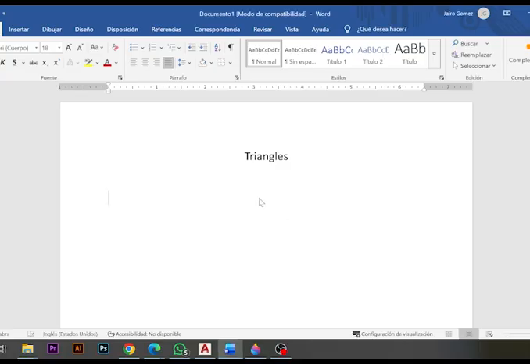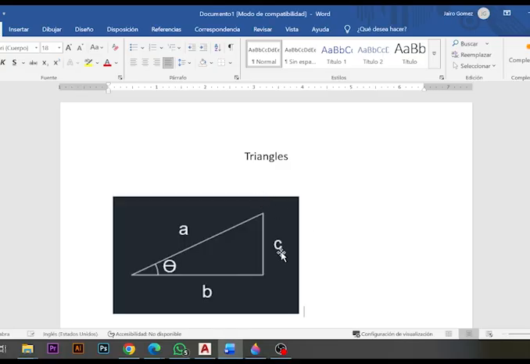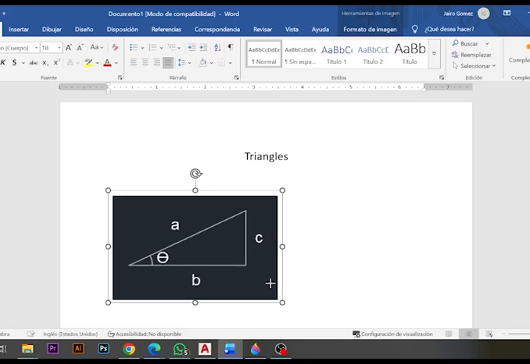So let's start with a triangle. A triangle is a shape with three sides.